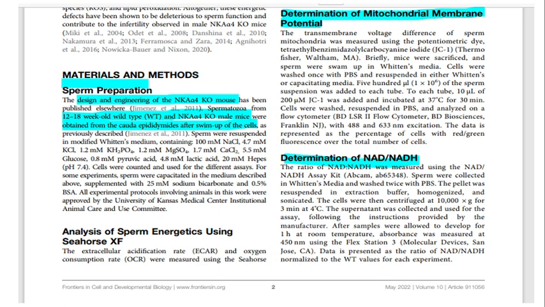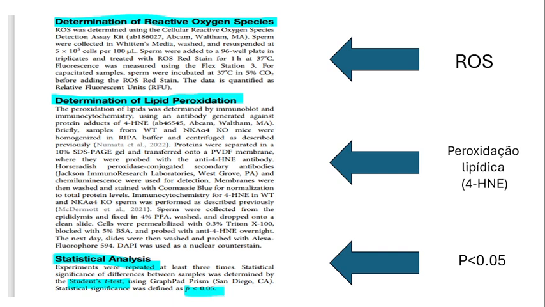So here in this work, they used two types of animals. They used the control animal, which is basically called wild type, and they used the KO mouse, which is a knockout mouse that doesn't have alpha 4, so it doesn't produce alpha 4. They did determination of mitochondrial membrane potential and NAD and NADH determination, also to assess oxidative stress.